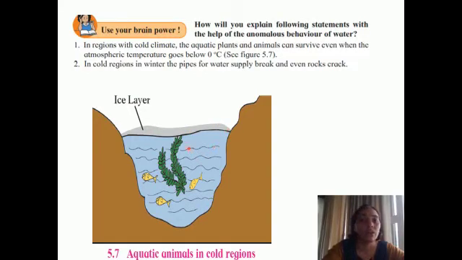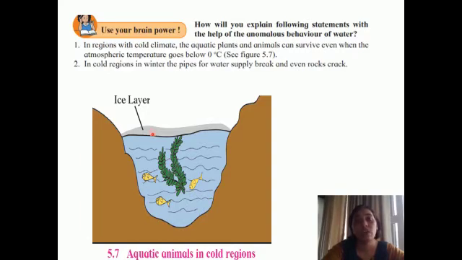Now, water below continues to be at 4 degrees, meaning the temperature here is 4 degree Celsius, no matter what temperature fall in the surrounding will take place. And this is because of anomalous behavior of water. And second is ice. The ice here is a bad conductor of heat.